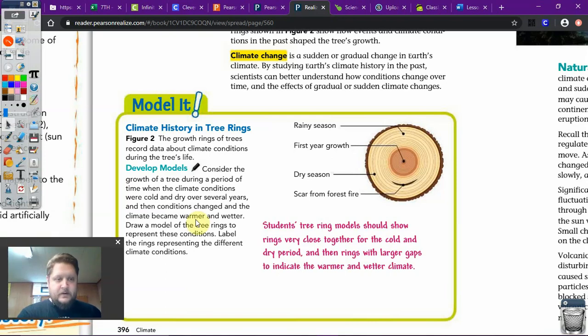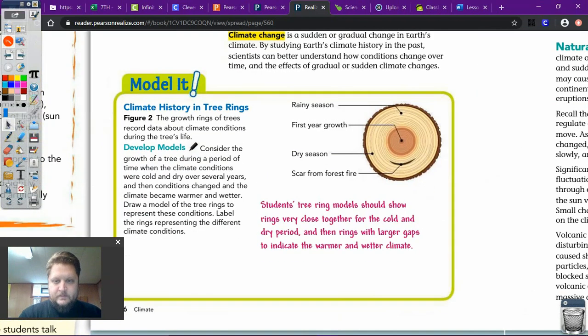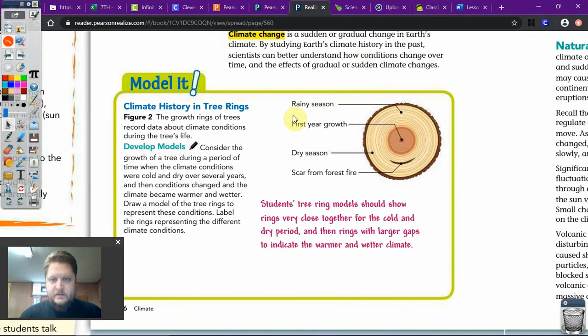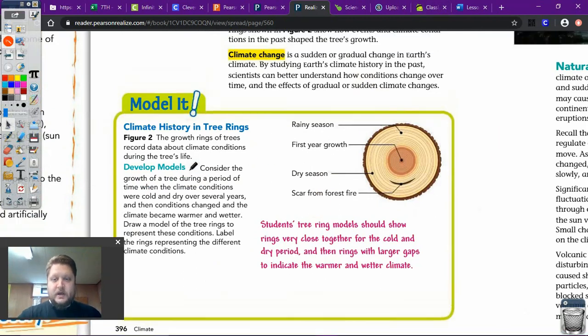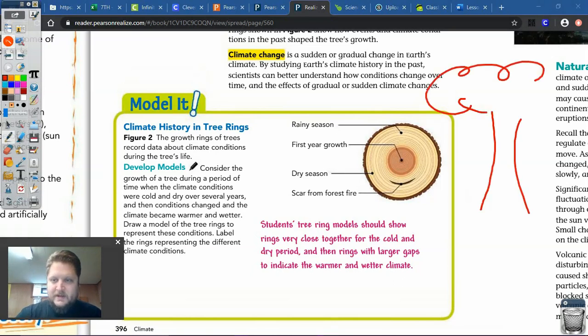So if we look right here, we can actually see this change. We can see evidence of these changes in climate in the rings of a tree. So if you were to take a tree, and I'm just going to draw a really bad tree, and we cut it down, so we cut it here, and now we're looking down at the top of the tree.